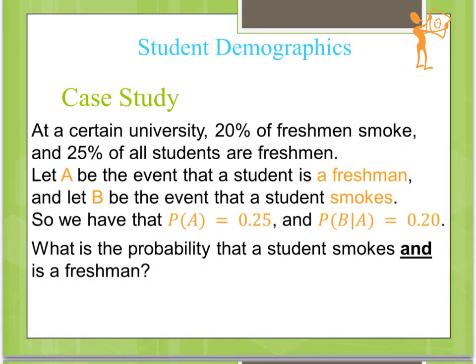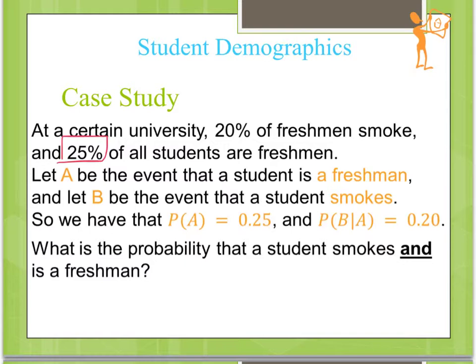So let's look at this. At a certain university, 20% of freshmen smoke, and 25% of all students are freshmen. We'll let A be the event that a student is a freshman, and B be the event that a student smokes. The probability that a student is a freshman is given here in this 25%.